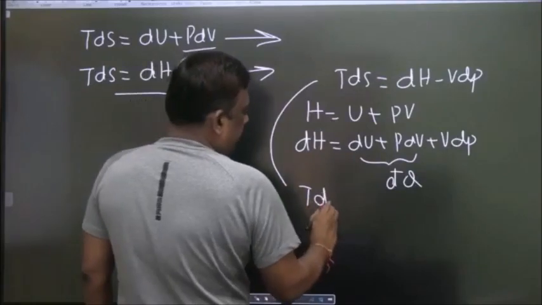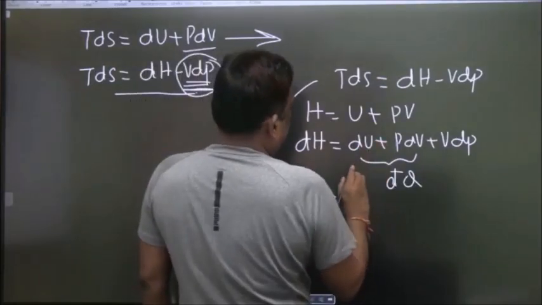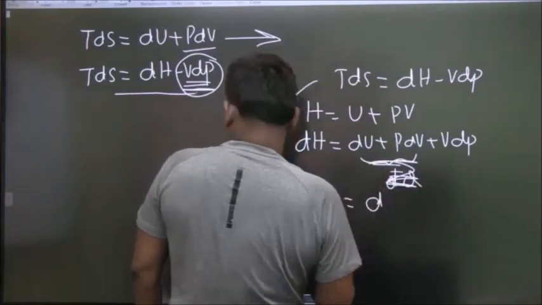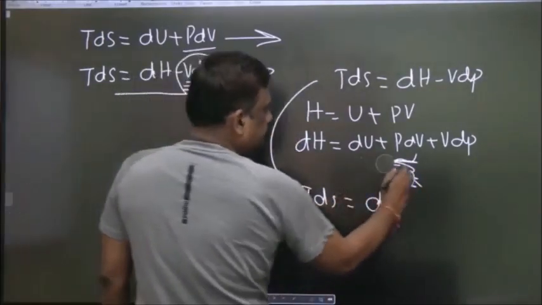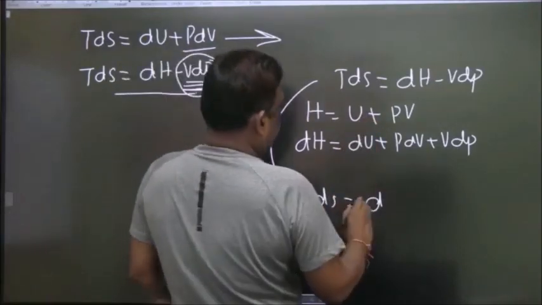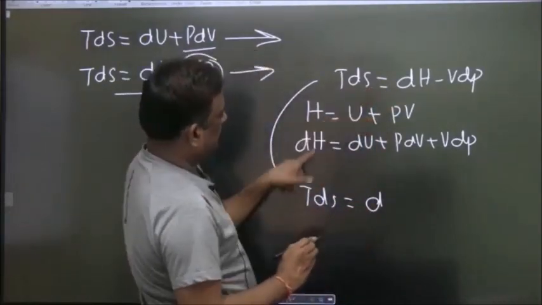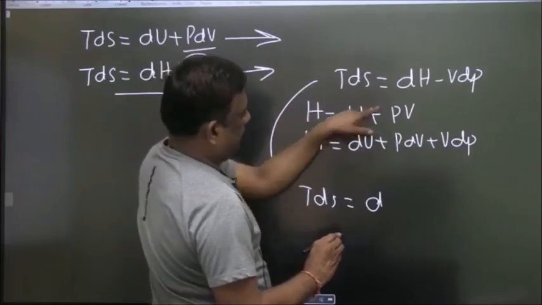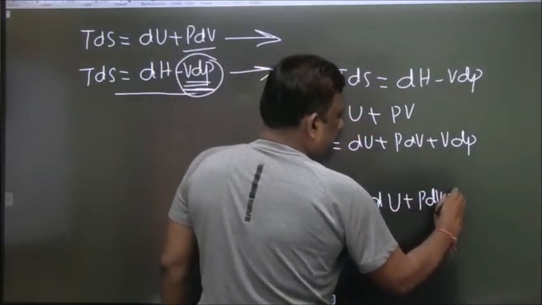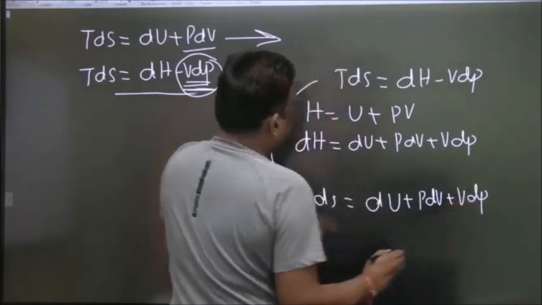So TdS is equal to dH, and what is dH? dU plus PdV plus VdP.